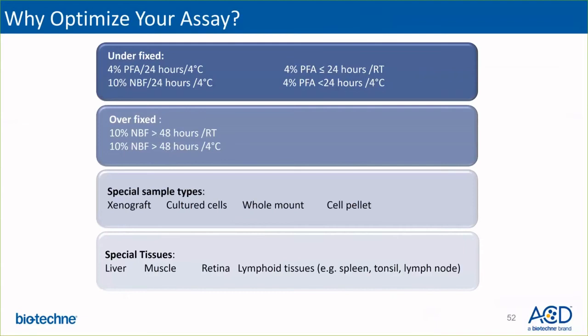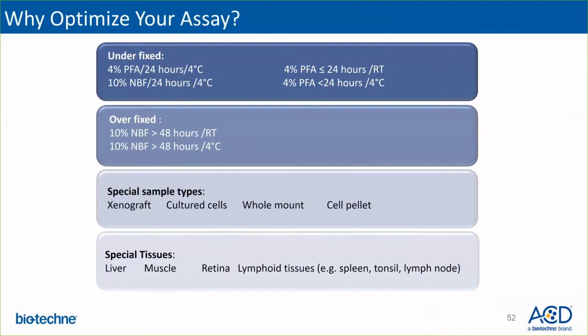So why optimize your assay? Here are some of the potential reasons why you may need to optimize. If the samples are underfixed, this can usually lead to over-digestion of your samples using the standard conditions. If the samples are overfixed, the signal could be weak and you may need to optimize.